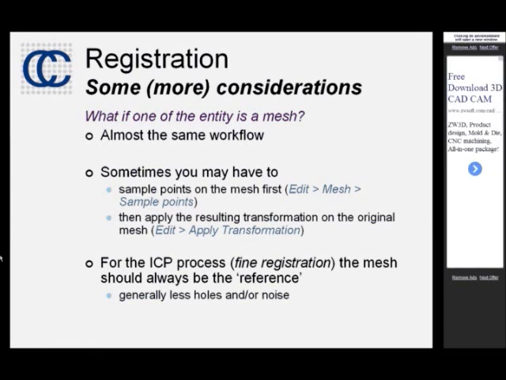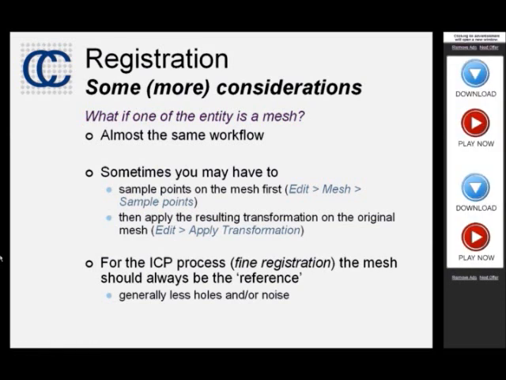Then you use this sampled cloud for the different processes. And for instance, for the registration algorithms, you simply have to take the resulting transformation and apply it back on the mesh. It's a bit of hacking. It's not very pleasant, I know, but we'll speak of it again later. CloudCompare is not meant to be used with meshes.